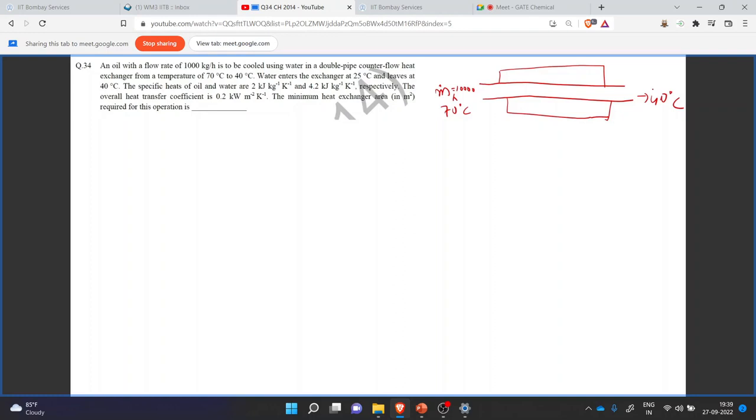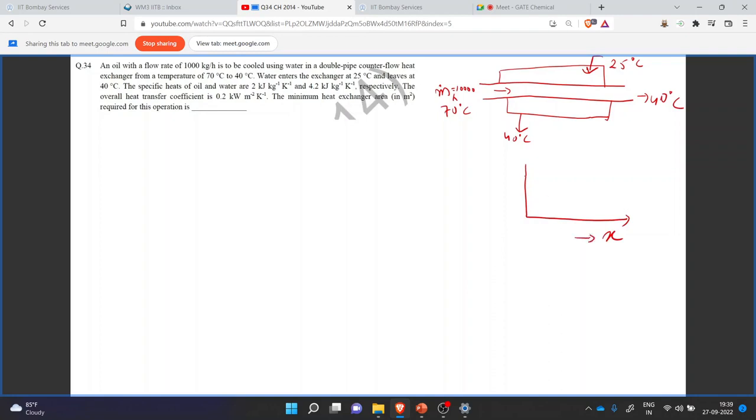Water is used as a coolant and since this is counter current, it enters from this side. Temperature is 25 degrees Celsius and it exits at 40 degrees Celsius. If I had to draw a temperature profile, it will look somewhat like this.